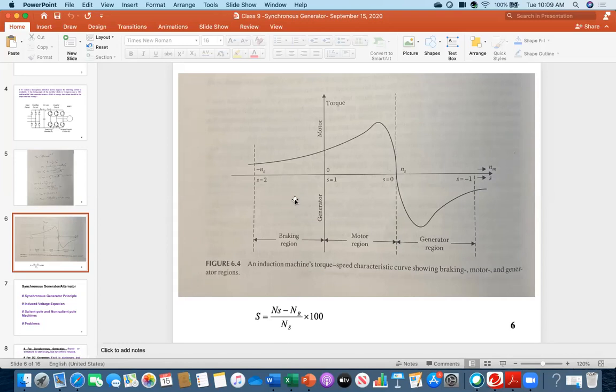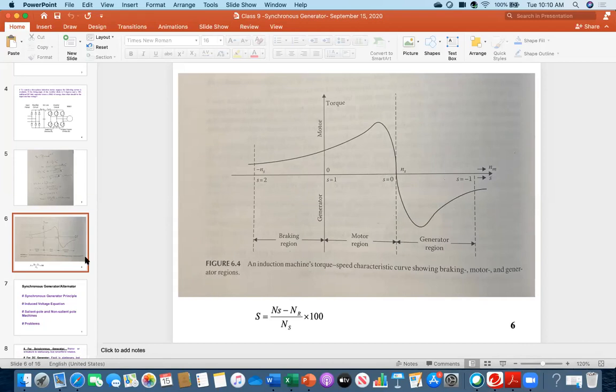Then the motor will start rotating in the reverse direction and ultimately it will slow down. That's why it is called the braking zone. At that time the slip value is positive and much beyond 1. So your more concentration will be on the motor operation, and sometimes you will be asked about the generator operation. So just keep these two things in mind.